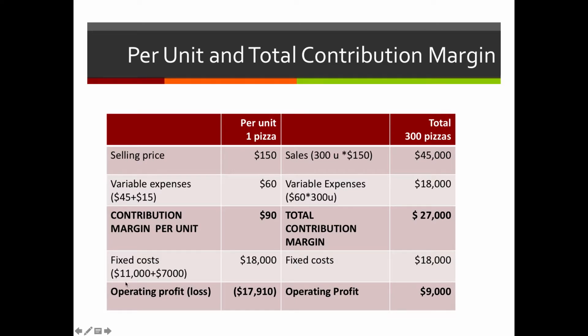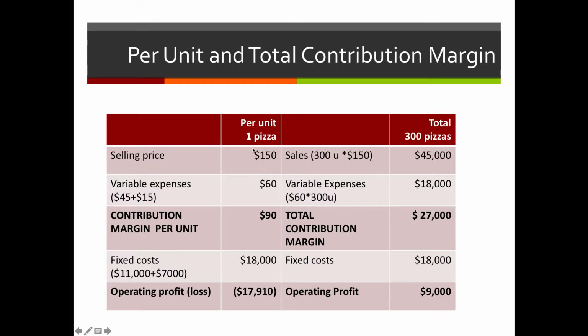Our fixed cost is, remember, the chef's salary and the stand rent for a total of 18,000. If you are selling zero, your expenses are still there, so your loss will be equal to your fixed costs, remember.